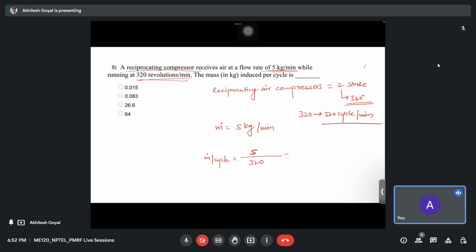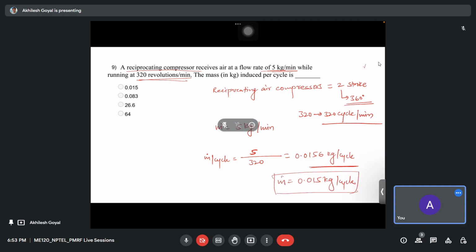So that is 5 by 320, and if we divide 5 by 320, that is 0.0156 kg per cycle. What is being asked here is the mass in kg induced per cycle, so it is 0.015 kg per cycle, and that is the answer.